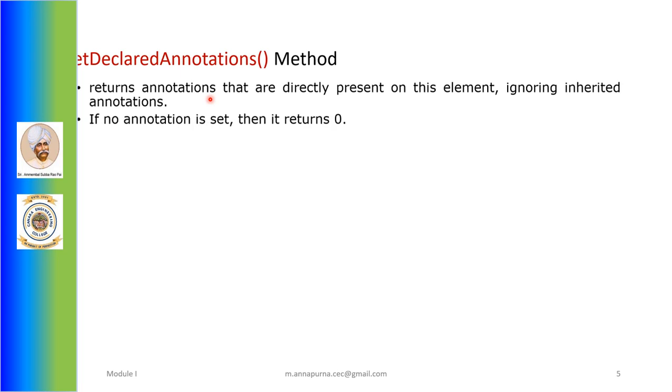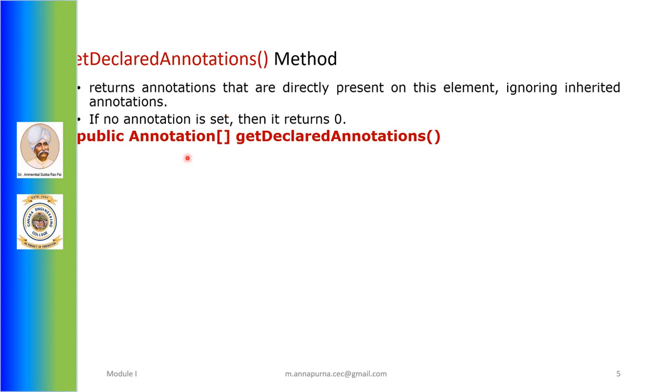The getDeclaredAnnotations method of java.lang.Class returns annotations that are directly present on this class element and ignores inherited annotations. If no annotation is set, then it returns 0. It returns all non-inherited annotations present in the invoking object.